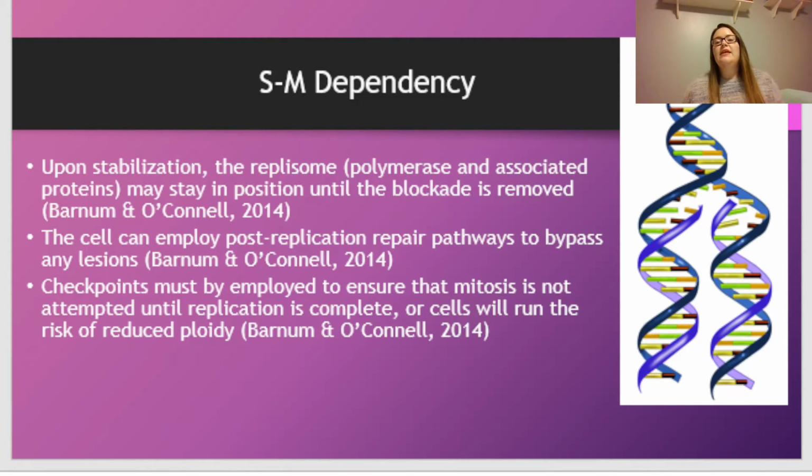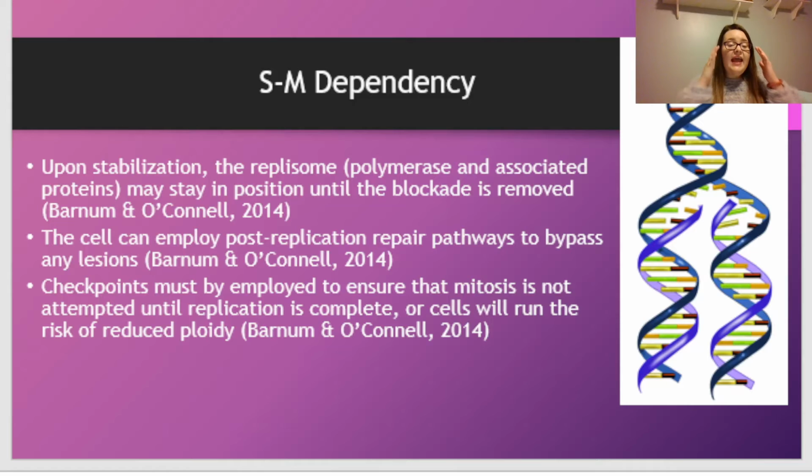So a checkpoint is needed to make sure that the cell is good to go and can keep going. The cell can employ post-replication repair pathways to bypass any lesions. It does that either by recruiting mutagenic bypass polymerases, or by switching templates through recombination and replicating using another nascent strand.